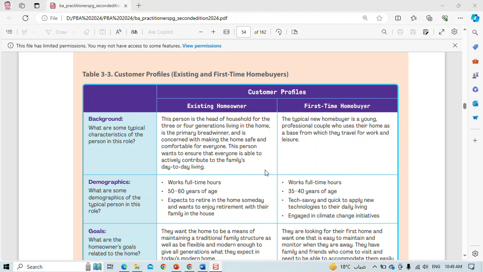So this person wants to ensure that everyone is able to actively contribute to the family's day-to-day living. But what about the background of the first-time home buyer? They are typically a new home buyer, so they are a young professional couple who use their home as a base from which they travel for work and leisure.